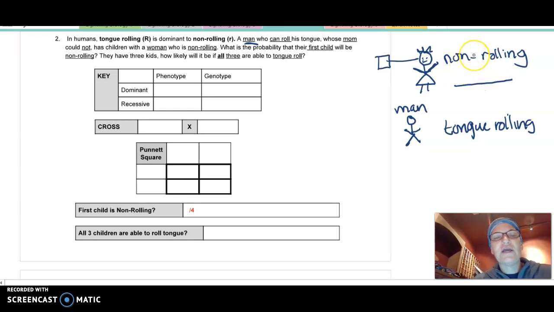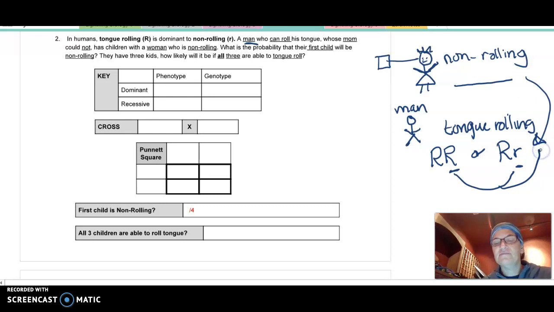What is her genotype if she's non-rolling? Then you'll know if this man is a big R, or if he's a big R, little r. The mom is going to help you determine which one this is. Okay? So that's why you need her genotype, that the mom is non-rolling.